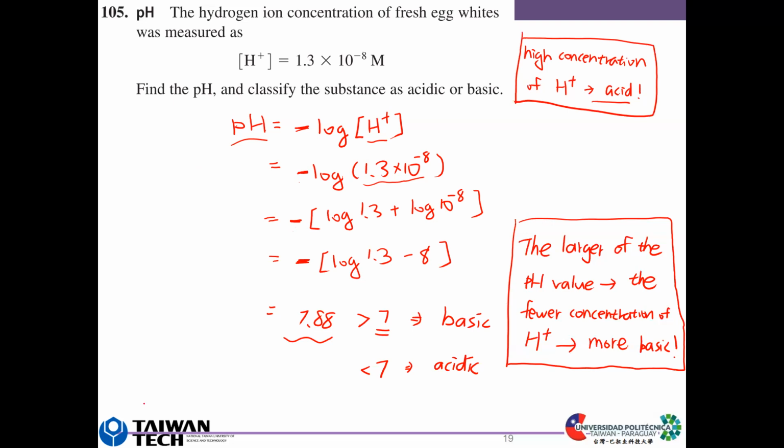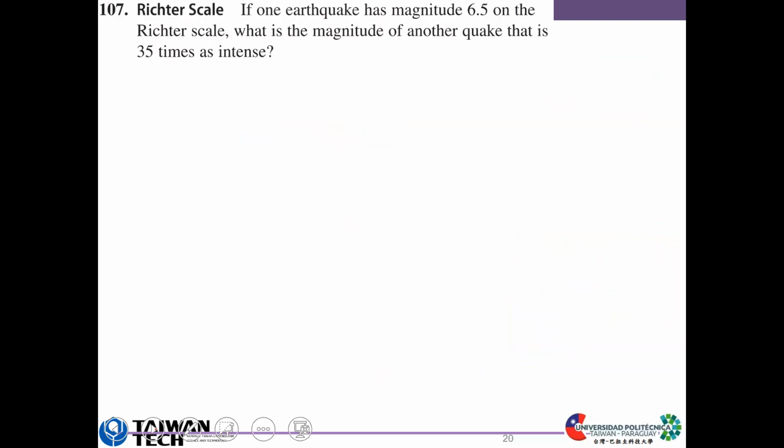Okay, let's look at the last problem. It's problem 107, Richter scale. If one earthquake has magnitude 6.5 on the Richter scale, what is the magnitude of another quake that is 35 times as intense?